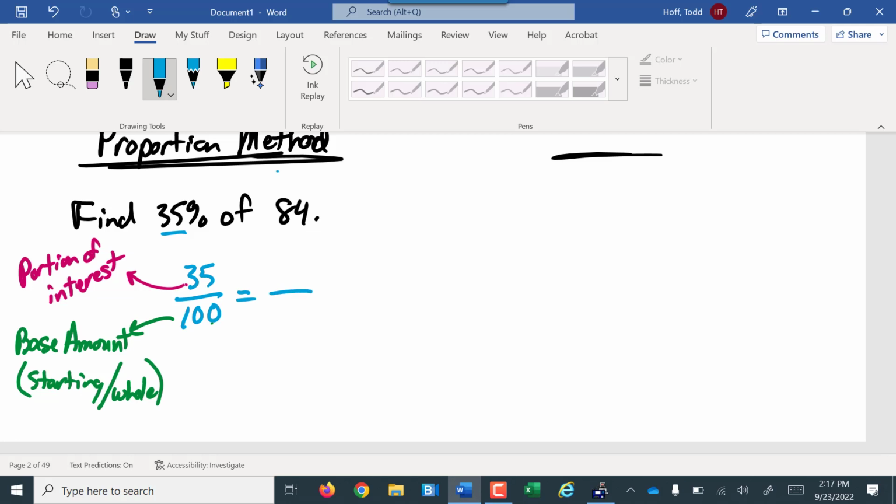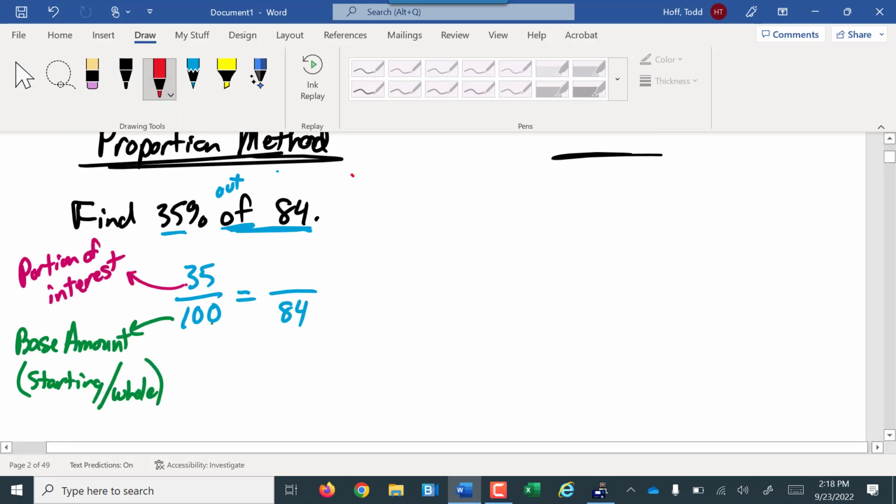So now on the other side of this, the numbers have to match up. Here we have the number 84. Can you tell me if that's going to go on top or bottom? Of 84. You can read it as out of 84, which would imply it goes on the bottom. And now just like we did with our other proportions, we cross multiply and divide.